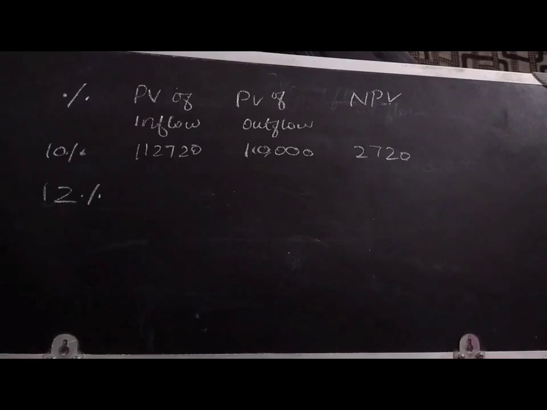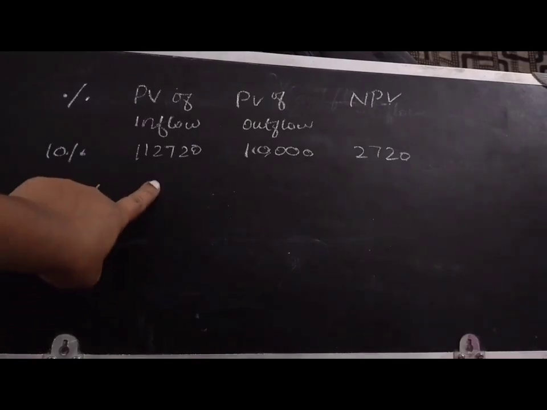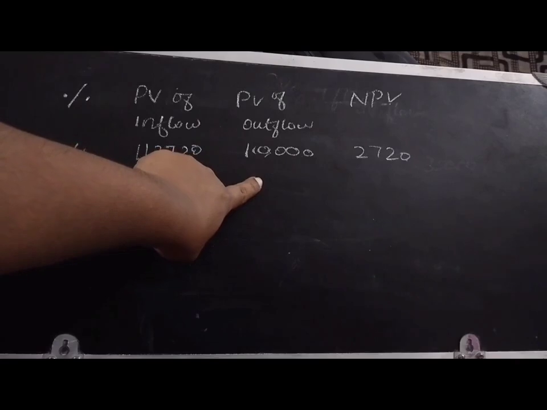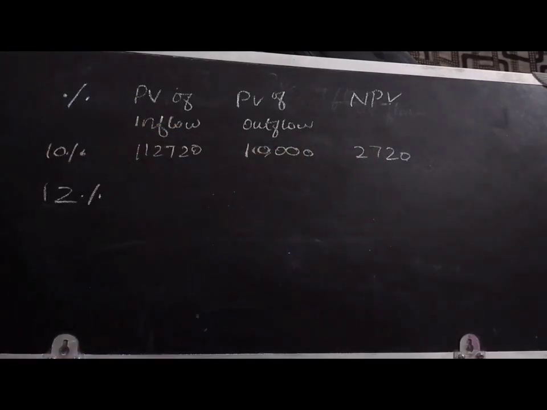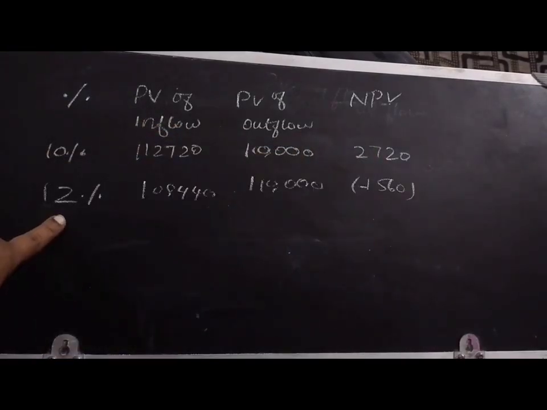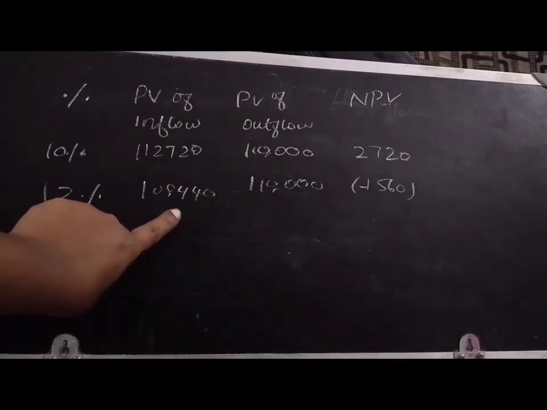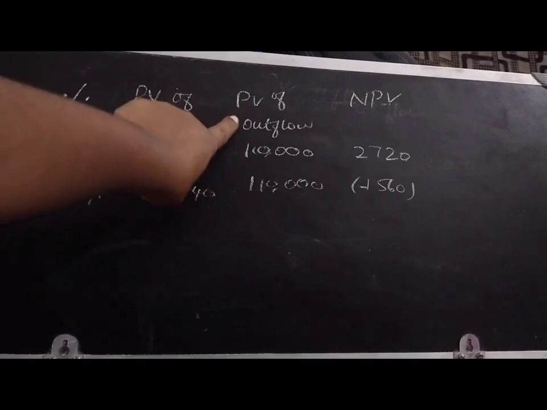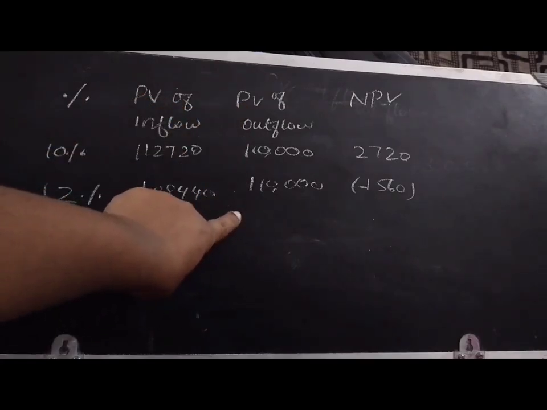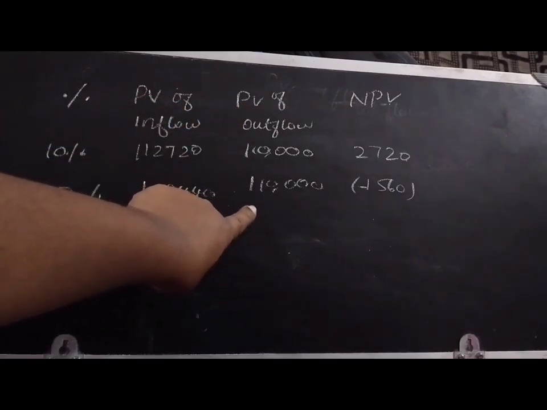So we take 12% as the discounting factor and then find the present value of inflow, present value of outflow and NPV. Using 12%, we get present value of inflow as 1,08,440 and present value of outflow the same initial investment 1,10,000.